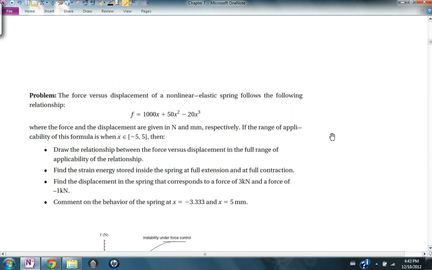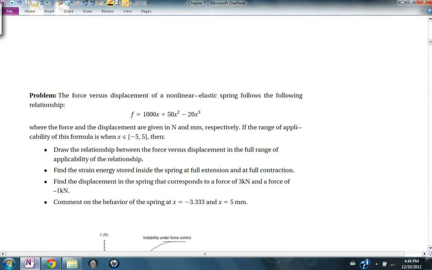Usually when a manufacturer supplies such springs, it has to tell you the range of applicability of such spring. So I have the force versus displacement relationship applicable for a range between -5 and 5.